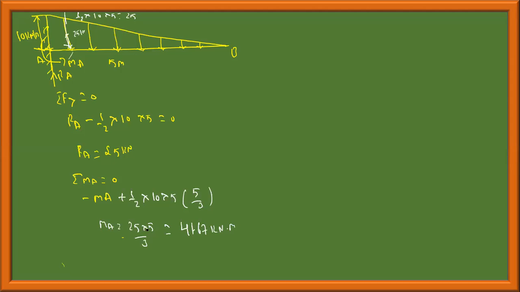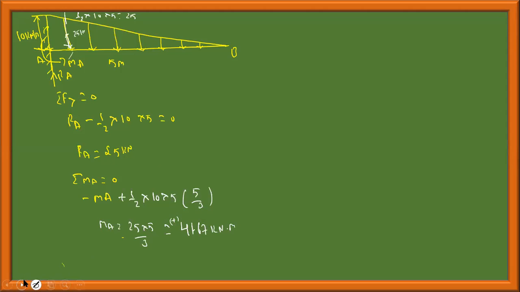Okay, my MA is in counterclockwise direction. We also got positive 41.67 kilonewton meter. Hence, whatever direction we have assumed and the value we got is the same. The assumed direction and the obtained value are the same. Therefore, this MA is in the same direction as we assumed.